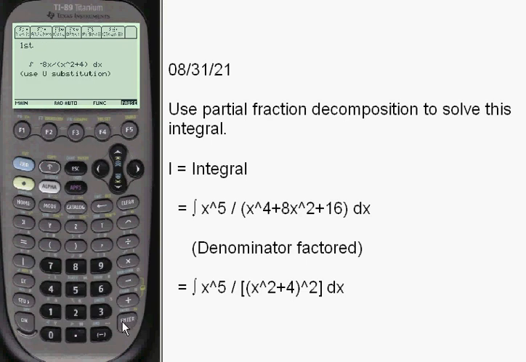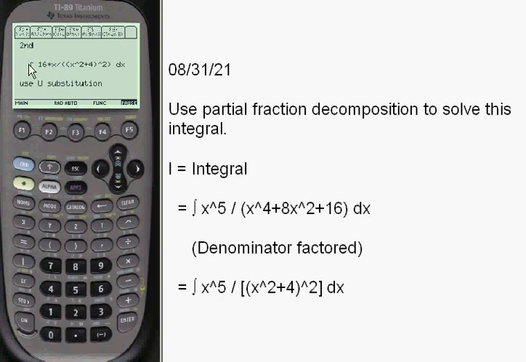So we integrate these three. You can write this on your paper and show what you're doing. You're going to use substitution. And we back substitute u, and we get minus 4 times log of x squared plus 4 plus c.